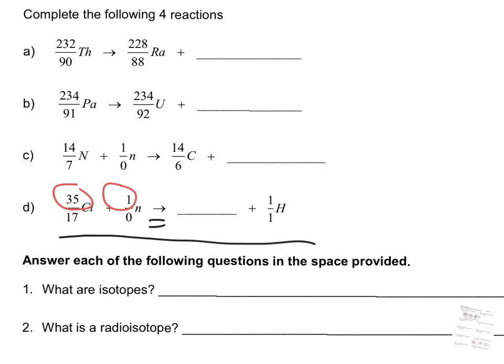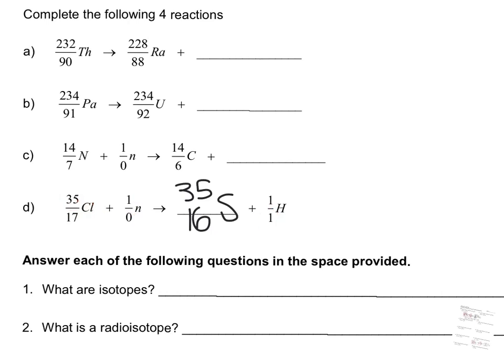So 1 plus 35 would give us 36 on this side. 17 plus 0 is 17. So 1 plus what would give us 17? It would have to be 16. Looking on the periodic table, element 16 would be sulfur. And you have your balanced equation right there. If we clean that up, it looks a lot nicer like that, and everything is balanced.